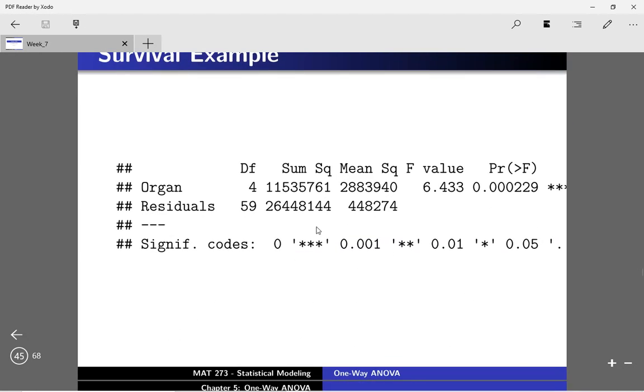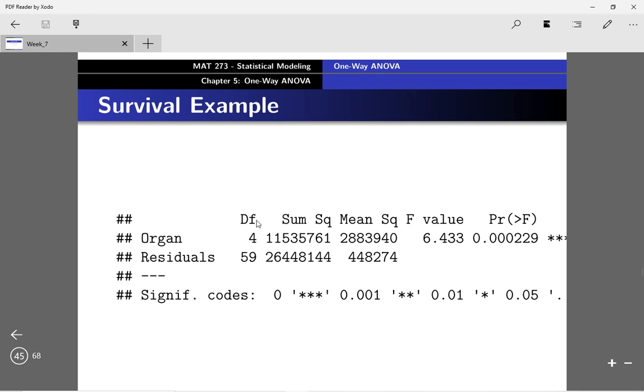And plotting that output, R doesn't make it look as pretty as the regression output, but we can see this is the ANOVA table here, this degrees of freedom column, SS, mean square, F-test statistic, and what we're interested in most, the p-value here.